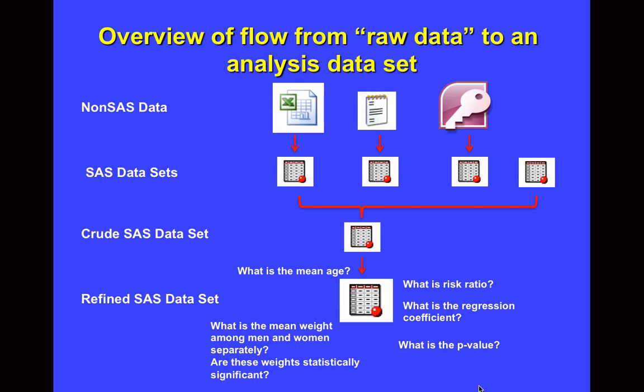We've seen this overview slide before. It just walks us through a visual representation of getting from original non-SAS or raw datasets into SAS datasets, and then possibly merging many different SAS datasets down into one SAS dataset so we can run analyses or further modify it.